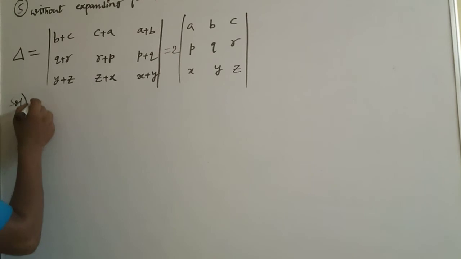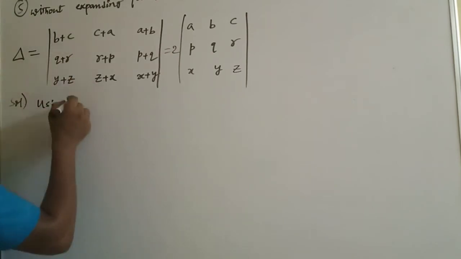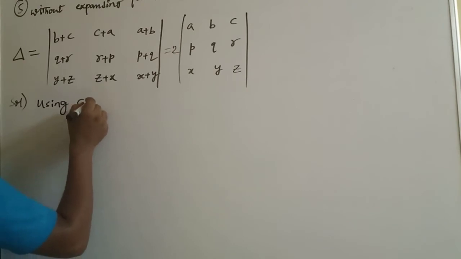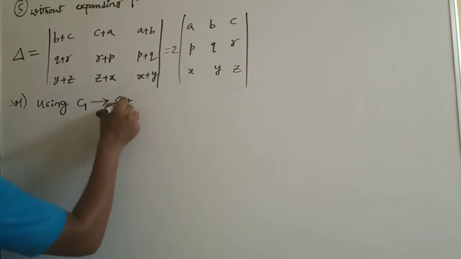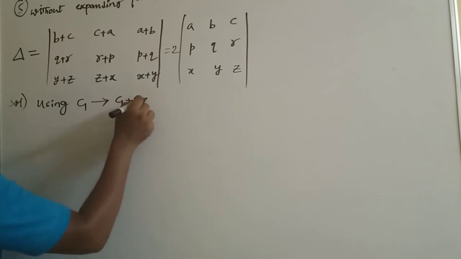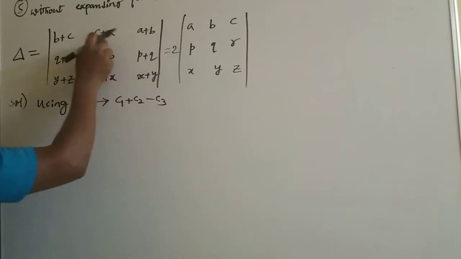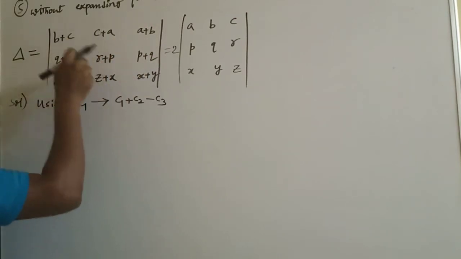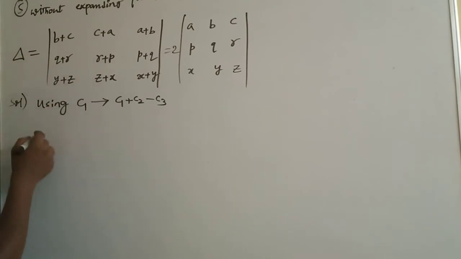So using C1 tends to C1 plus C2 minus C3, and so on. So that A and B get cancelled, C plus C, 2C you are going to get. Okay, let me check now how it is possible.